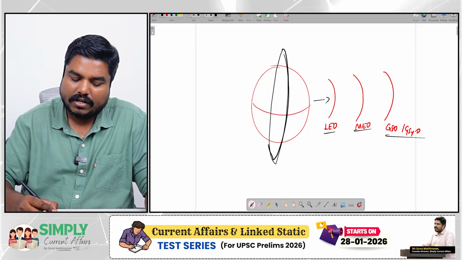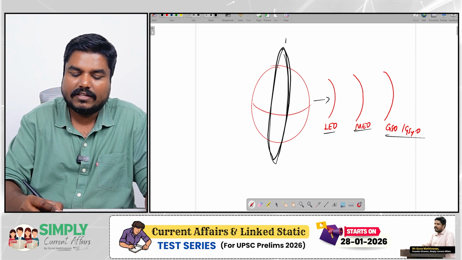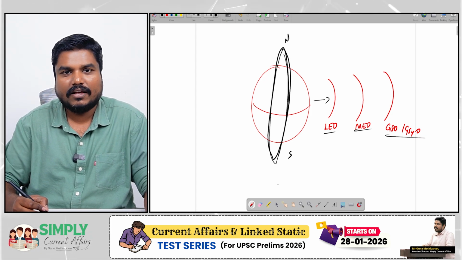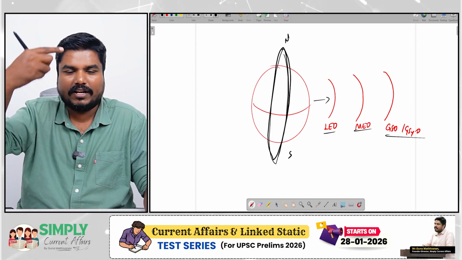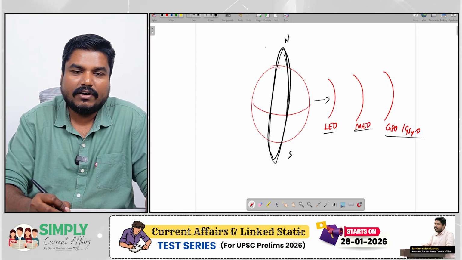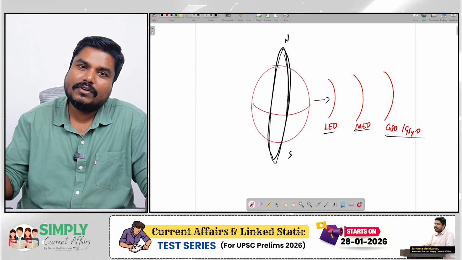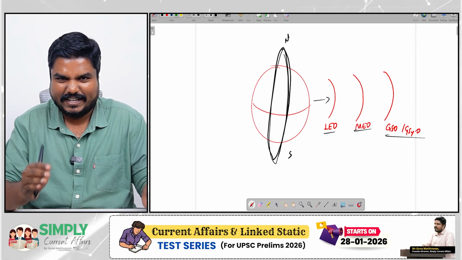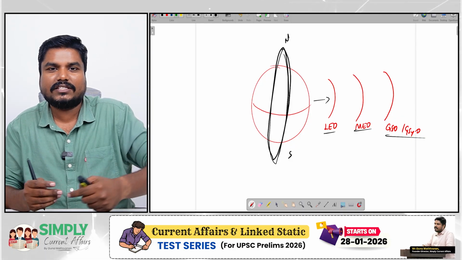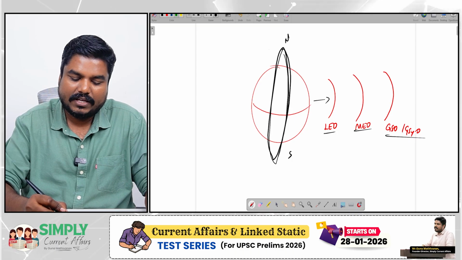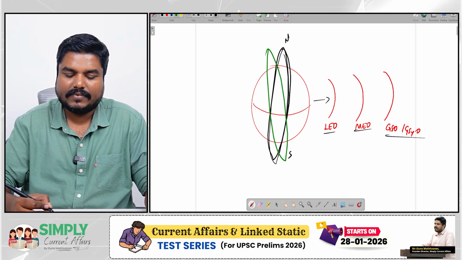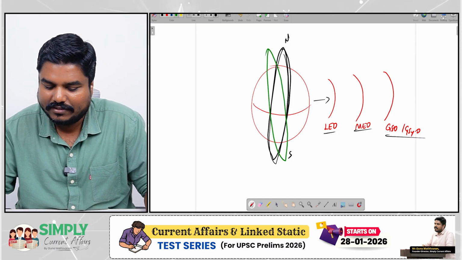Now, this is a polar orbit which will be running in the north-south direction. So pole to pole it will be running. Sun synchronous orbit is also a polar orbit. Similar to a polar orbit, it will run in the north-south direction, but there will be a small tilt. See, look here.